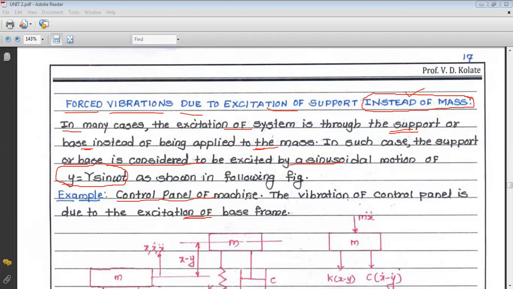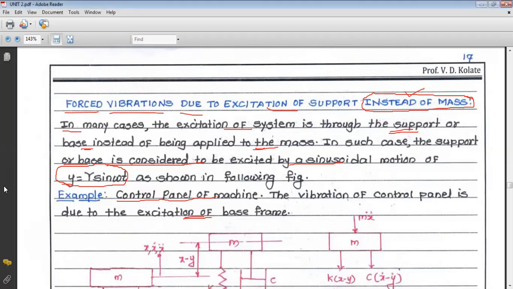So this is another example of forced vibration due to the excitation of support instead of mass. In both these examples, we are not applying a force on the control panel or the automobile, but the vibration is because of the base excitation or support excitation. So let us start with our example.